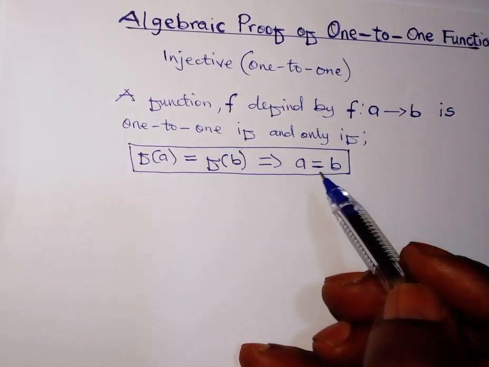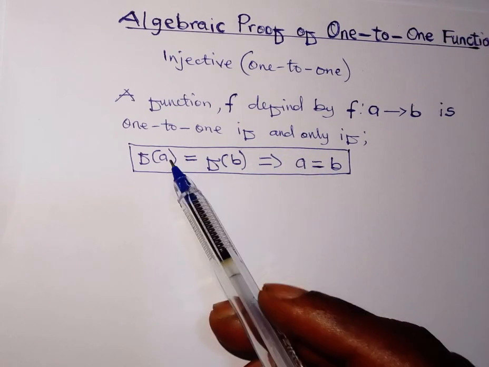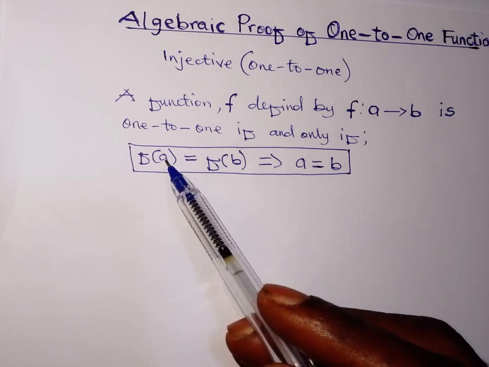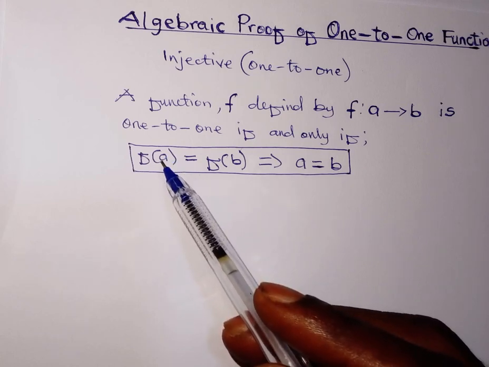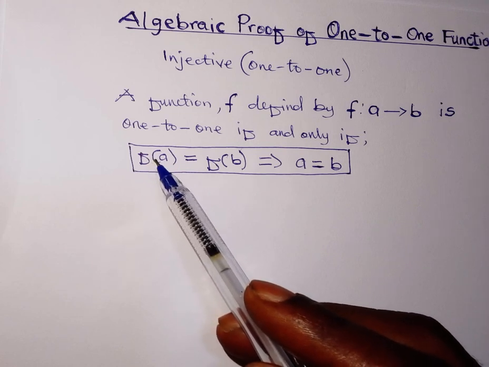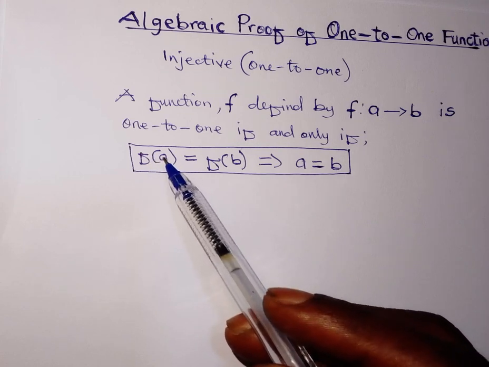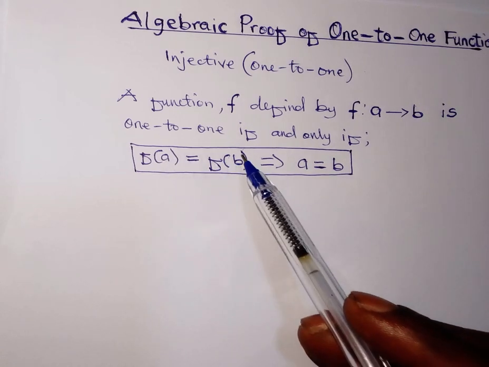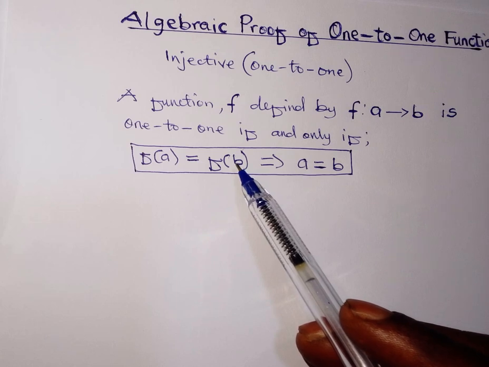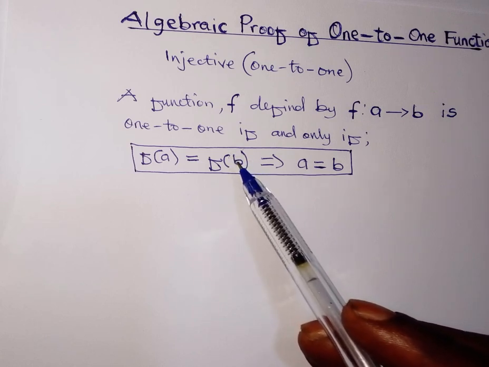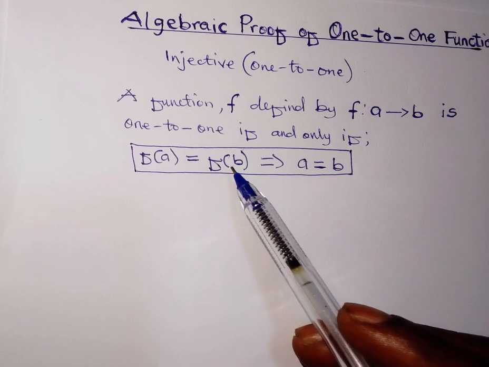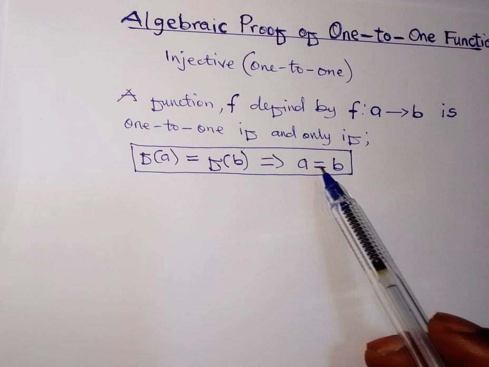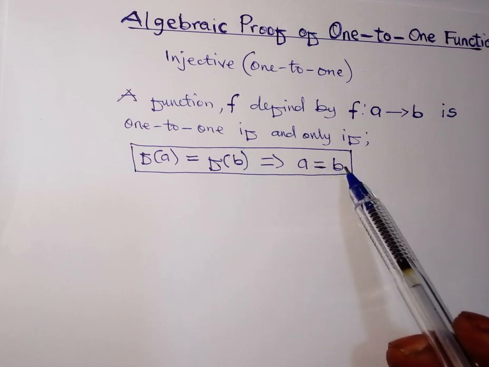What does this mean? It means that whenever you are given a value of the domain to substitute for x in the relation, and you are also given another value b, and you substitute this value also into the same function, at the end of the day, the answer you get must be a equal to b.